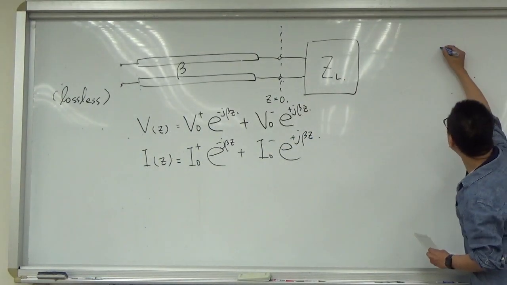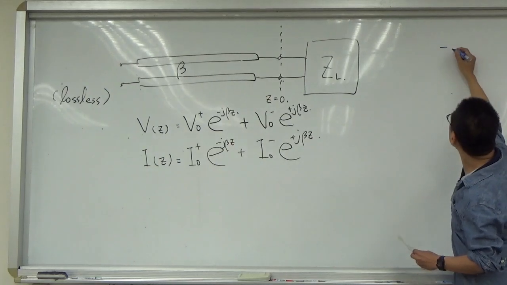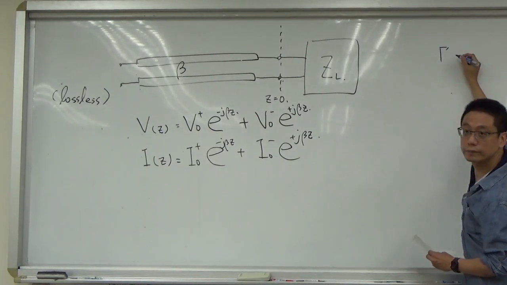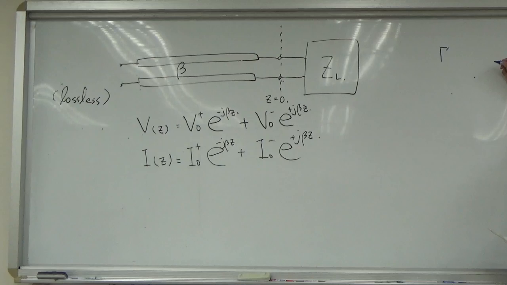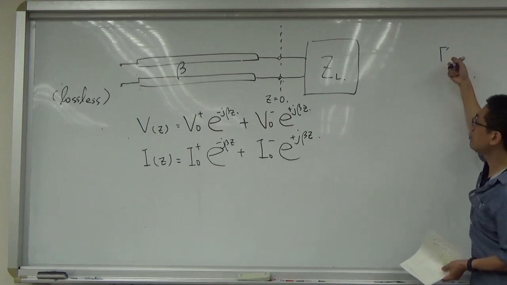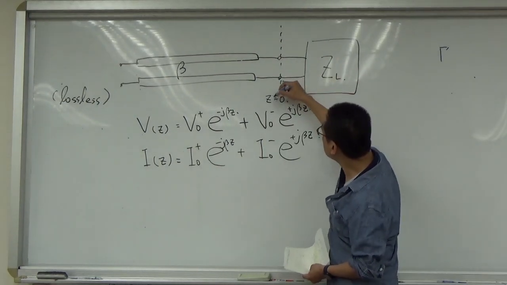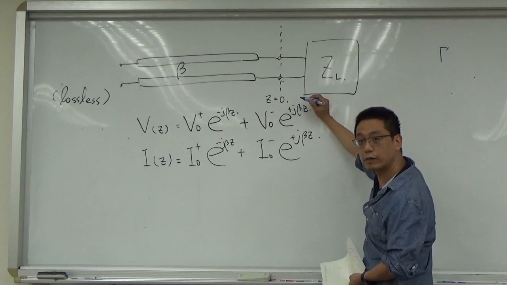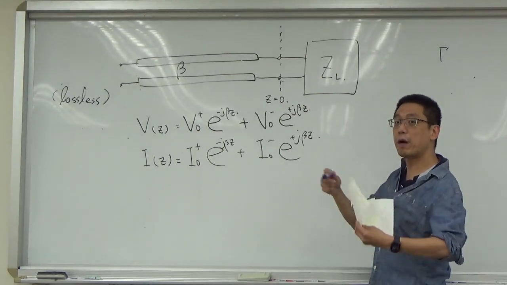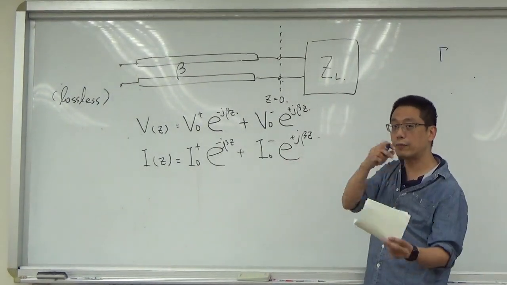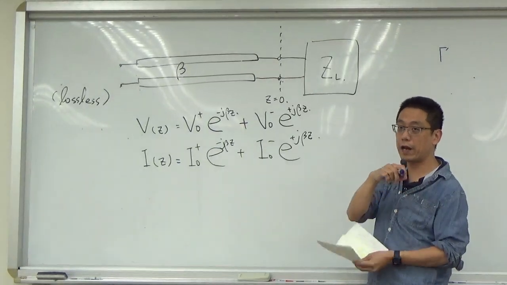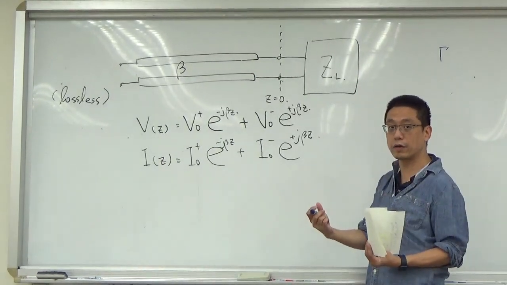First of all, we define gamma. It is a reflection coefficient at z equal to 0. Maybe I'm talking about more than what you can see in the book, but I'm talking about a more general case, okay?